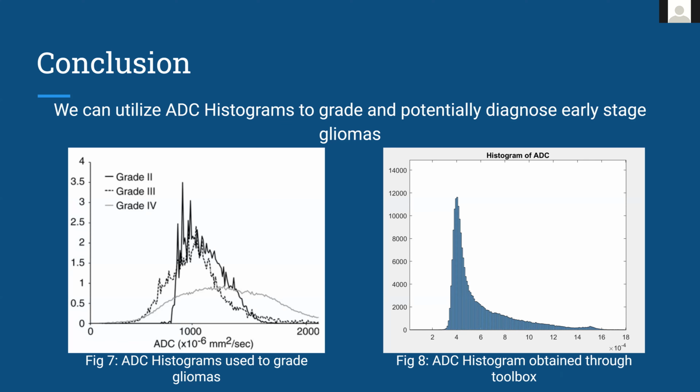So that's what we didn't have. What we show on the right is what we got with our example data set. It was just an image of a diffusion weighted image of the brain. It didn't necessarily have a grade 1, 2, or a glioma.